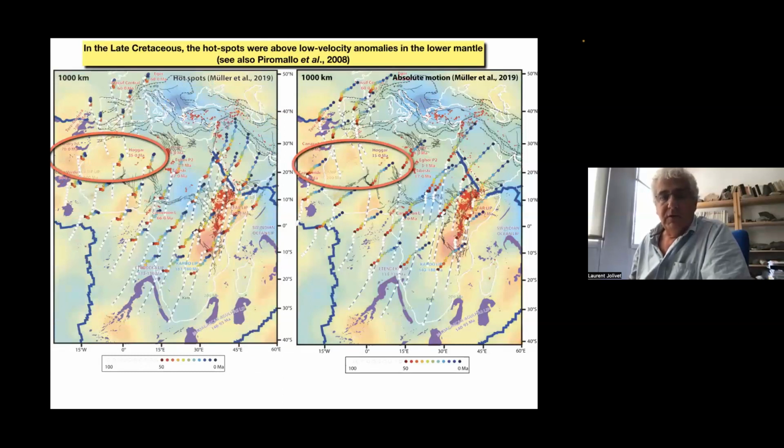If we go back to the late Cretaceous, you see the trajectories here, and the white dots show the trajectory back to the late Cretaceous here. You see that the hotspot that we see now below Western Europe, they were sitting on top of low velocity in the lower mantle, some at 1,000 kilometers, some 70 or 80 million years ago.